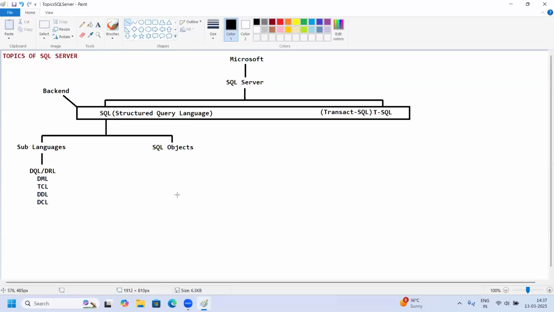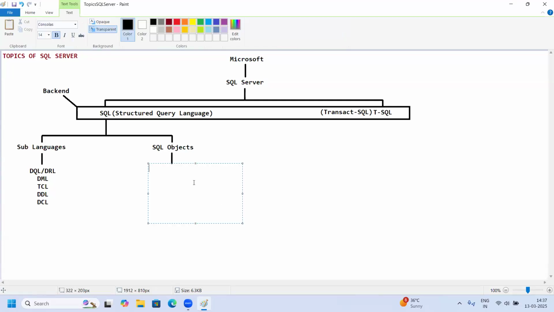After this, I start my SQL objects. In these SQL objects, I start in this way. First, constraints. For constraints, I prepared a separate document, only on constraints.